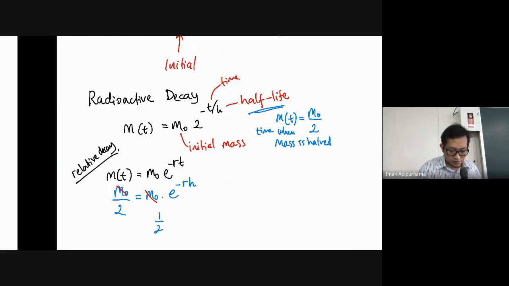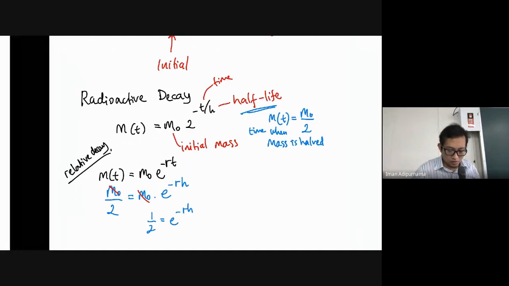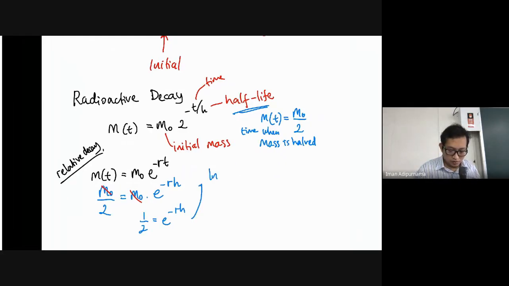So half is equal to e to the power, and by taking ln, I'm removing the e, and I can write r is basically ln half, which is negative ln 2. So it will be ln 2 divided by h.